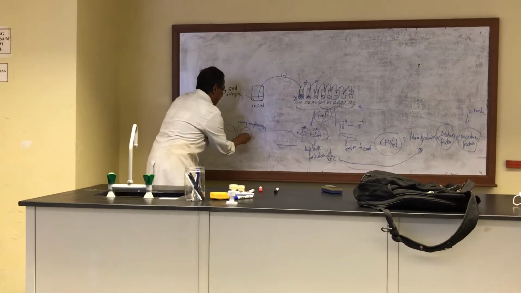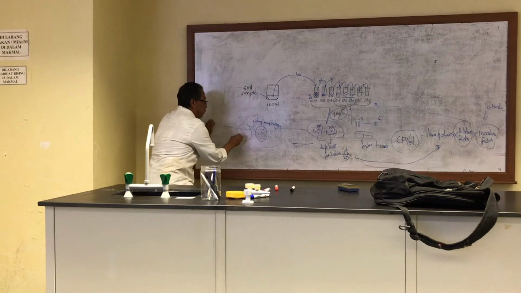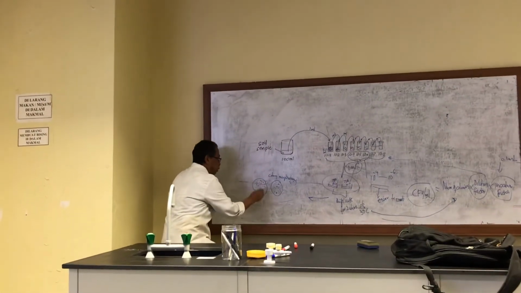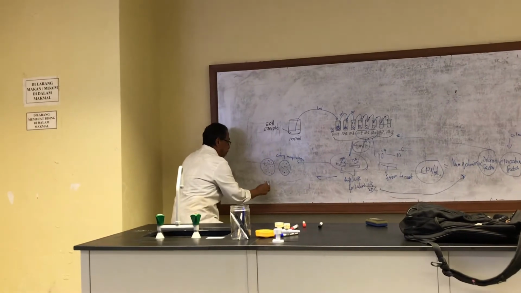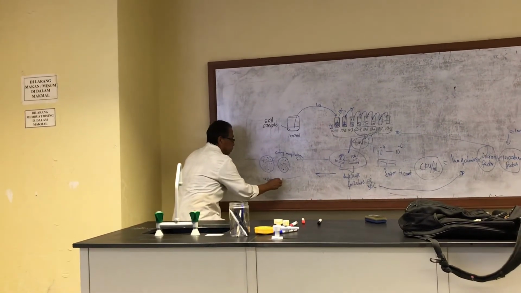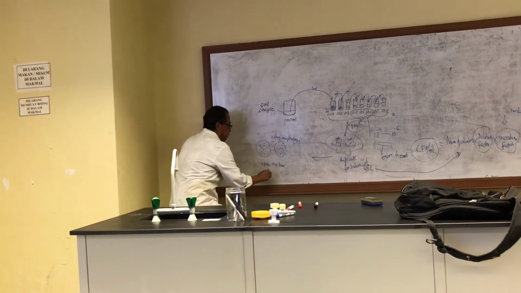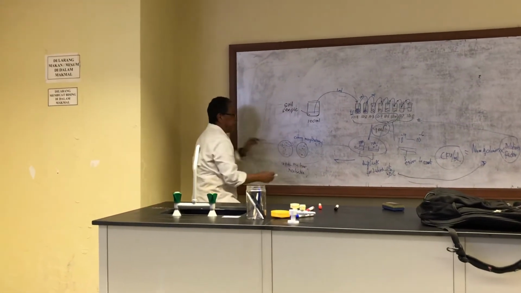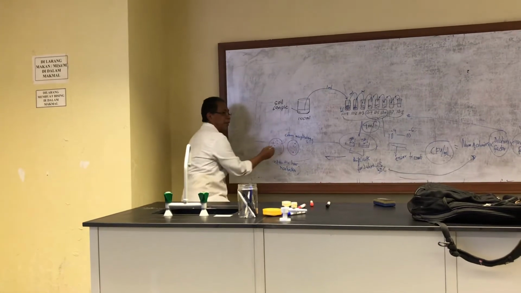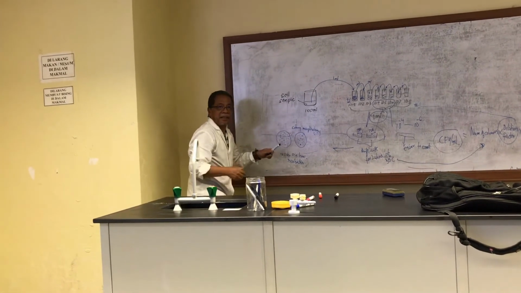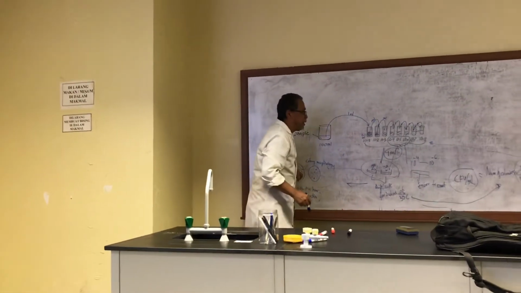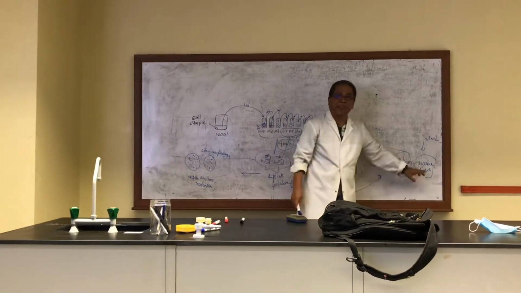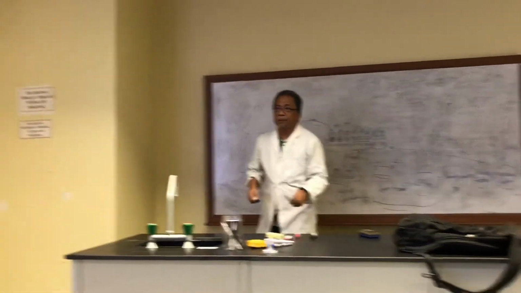Usually with soil after 20 hours you get a lot of growth. So you can count the number of colonies, and then the number of colonies times the dilution factor gives you the CFU.